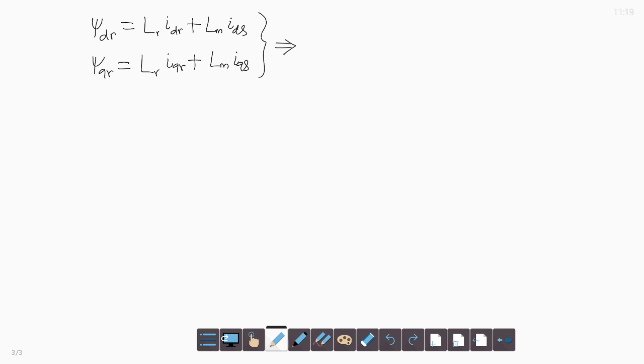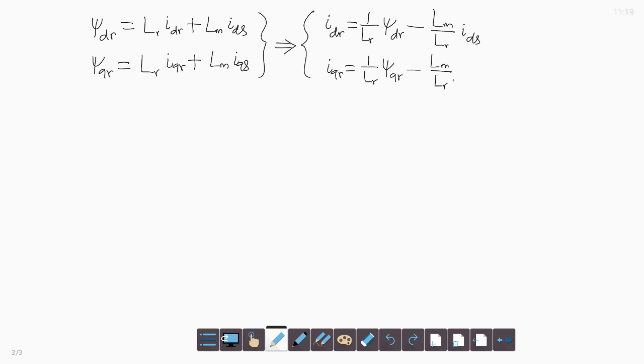From these two equations we get the rotor current IDR, that is 1 upon LR into psi dr minus LM by LR into IDS, and the rotor current IQR is 1 upon LR into psi QR minus LM by LR into IQS.